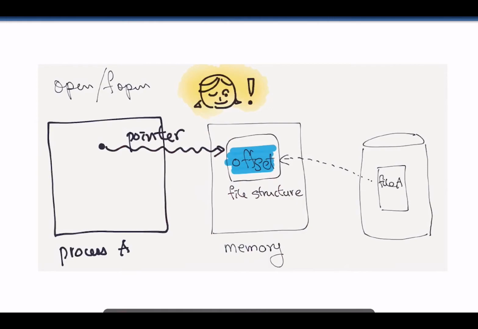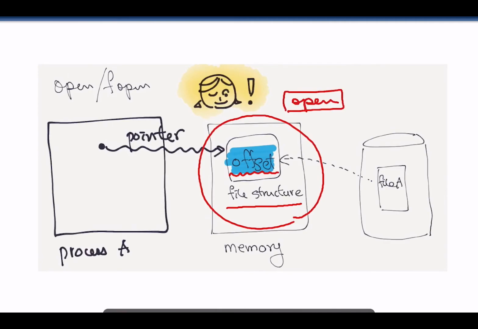The operating system maintains a data structure called file struct that harbors the offset. So the file structure contains a variable called offset. This data structure is created when a file is opened. Offset denotes the location where the read and write operation has to be applied.